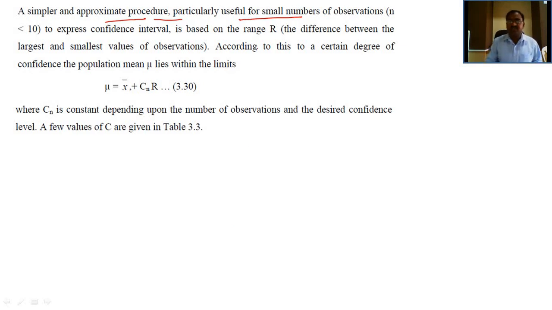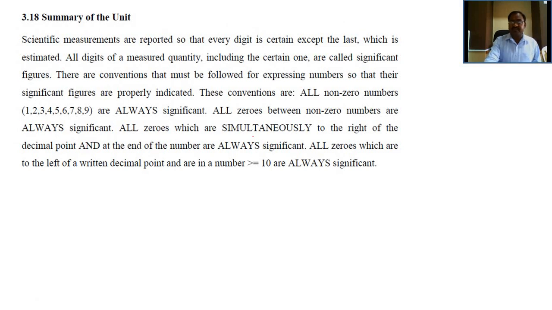According to this, to a certain degree of confidence, the population mean mu lies within the limits mu is equal to x bar plus or minus Cn into R. Here Cn is a constant depending upon the number of observations and the desired confidence level. A few values of Cn are tabulated in that table.